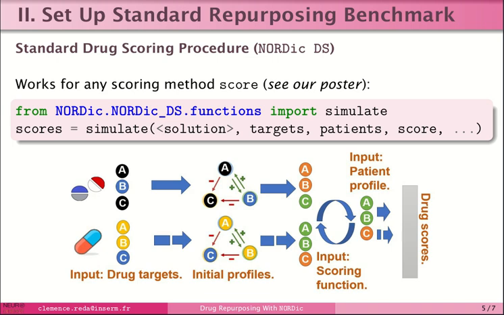Then it compares the predicted states with patient profile, and that outputs a single score per drug and patient profile. This allows us to compare the performance of 3 types of scoring approaches in breast cancer, and we were able to show that network-oriented methods are more predictive of the treatment effect against breast cancer.